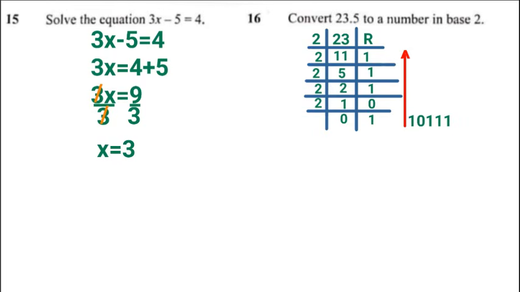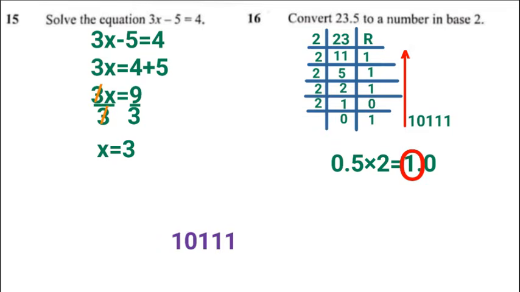Now I'm going to put that number here in purple. Then I'm going to bring the decimal, which is 0.5, and multiply it by 2. The answer, 0.5 times 2, gives me 1.0. That means I'm going to get 1 there.